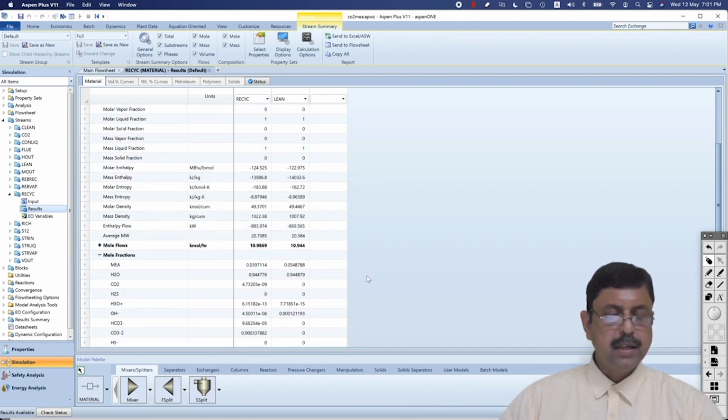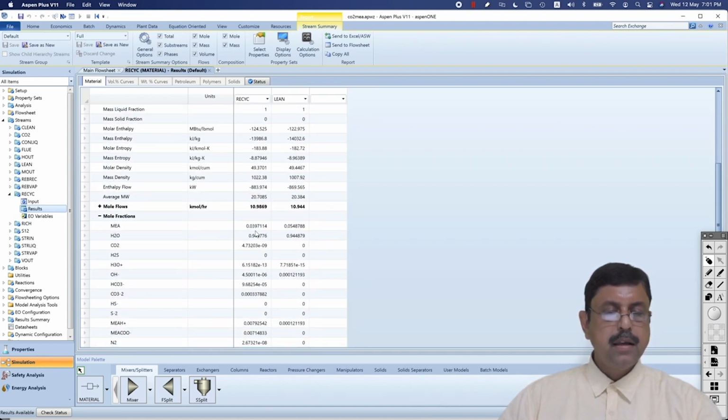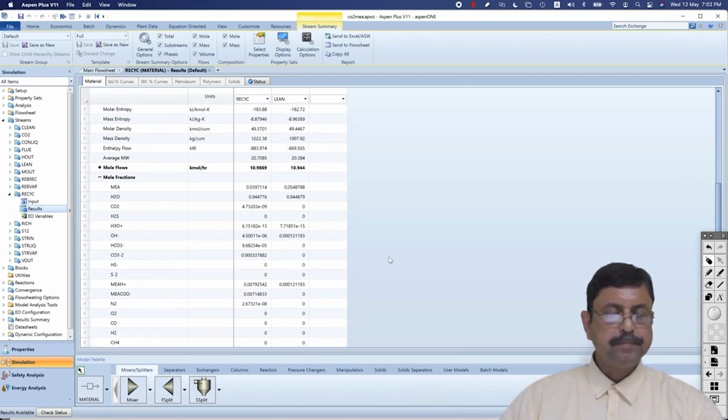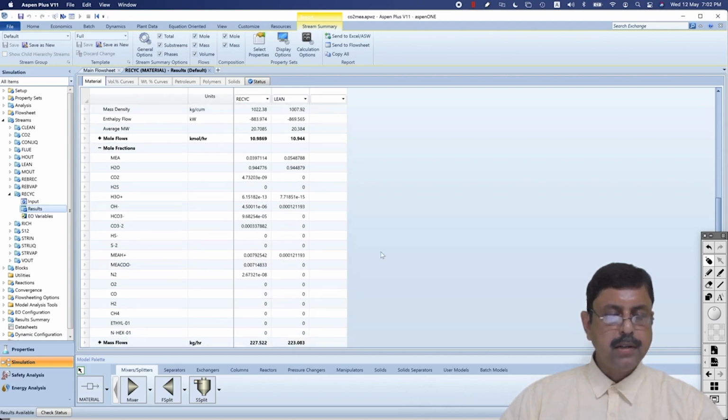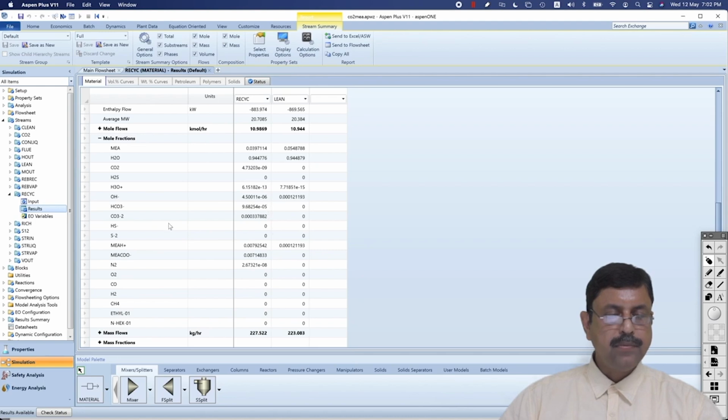But the mole fraction is somewhat different. MEA, the lean phase, it was 5.48%, whereas in the recycle stream it is 3.97%. Water, it was 94.48% in the lean stream. It is almost comparable in recycle stream. There was no CO2 in either stream. There is CO2 obviously in recycle stream, but they are in the form of CO3 minus minus, MEA, CO minus, etc.